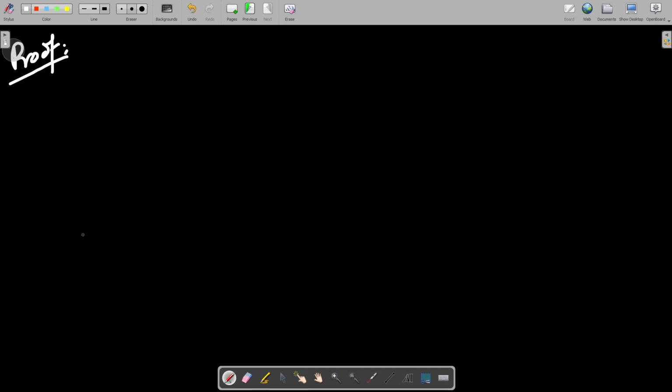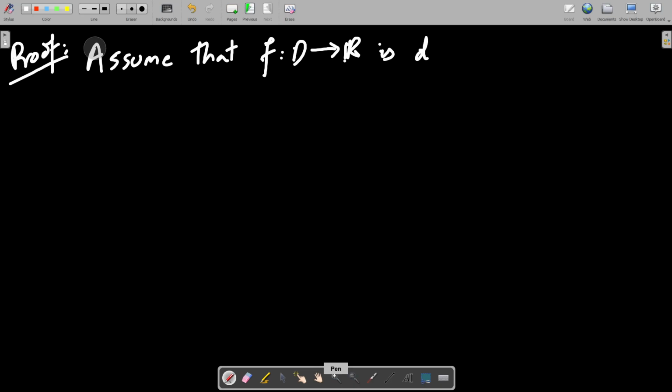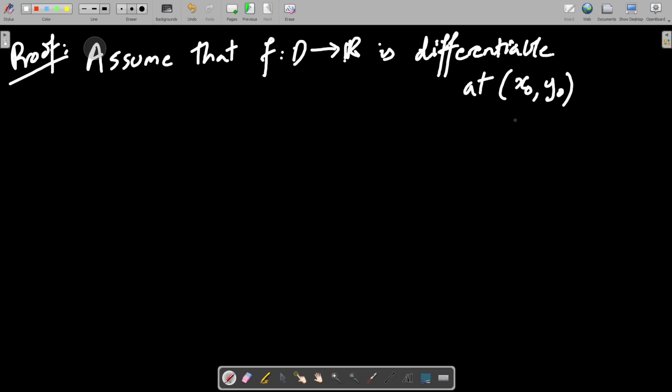Okay, proof. Let us start with the differentiability condition first. Assume that f from D to R is differentiable at (x naught, y naught). Then what do we know?